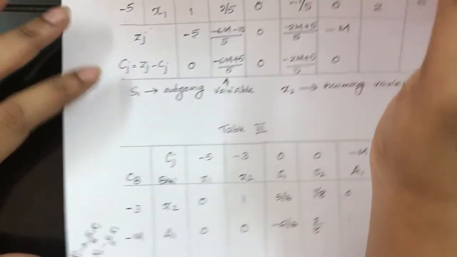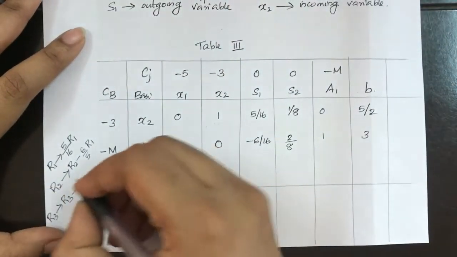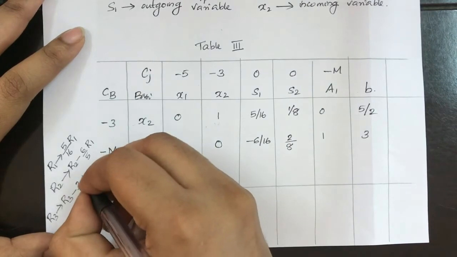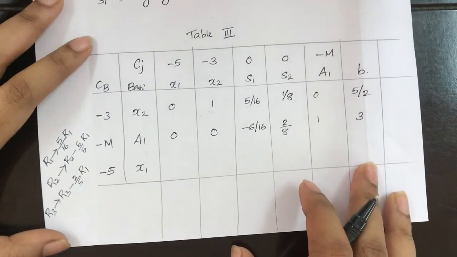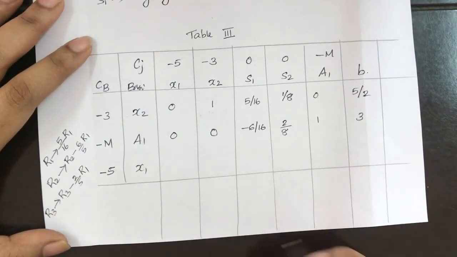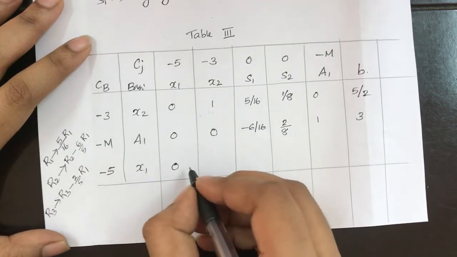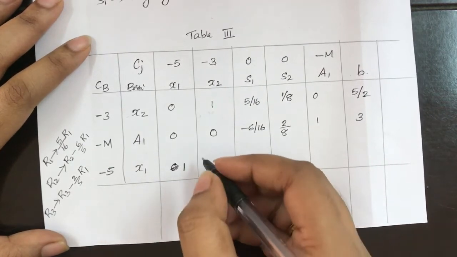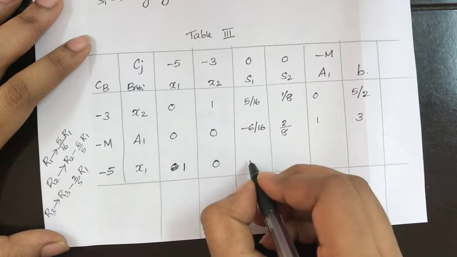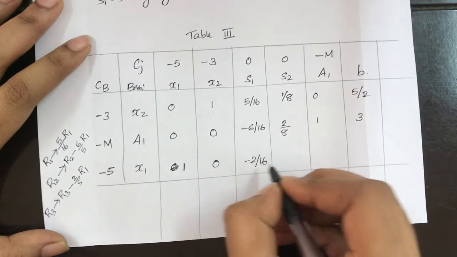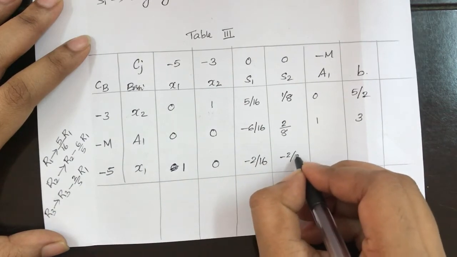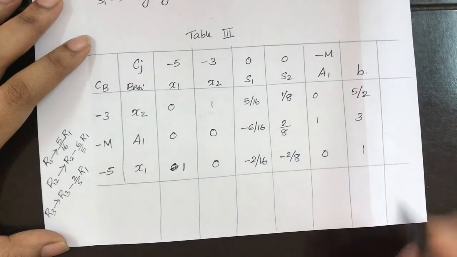So R3 changes to R3 minus 2 by 5 R1. So values will be 1, 0, minus 2 by 16, minus 2 by 8, 0, 1.